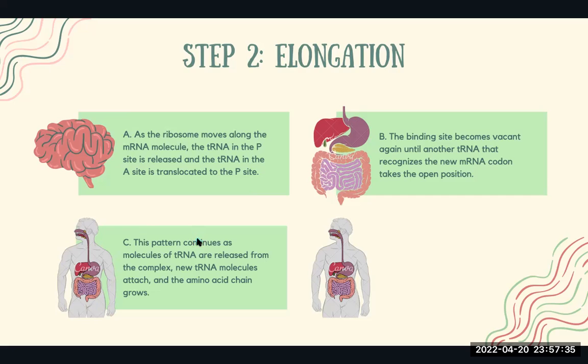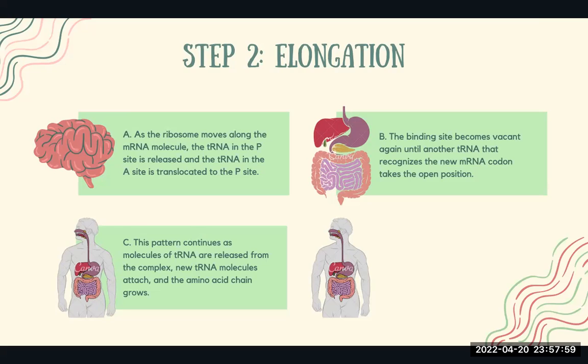The sequential addition of amino acids during elongation is a cycle of 4 steps that is rapidly repeated. First, a tRNA with an attached polypeptide is in the P site, and the tRNA carrying the next amino acid enters the A site. Next, the polypeptide chain is transferred to the amino acid of the tRNA in the A site.